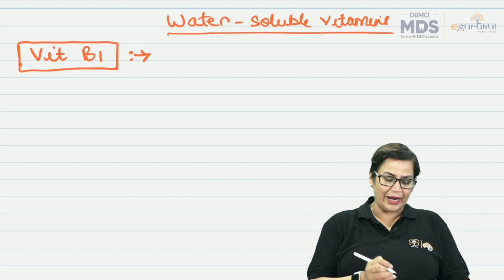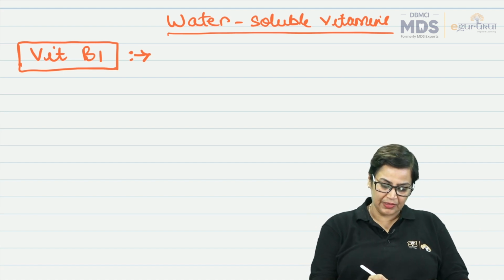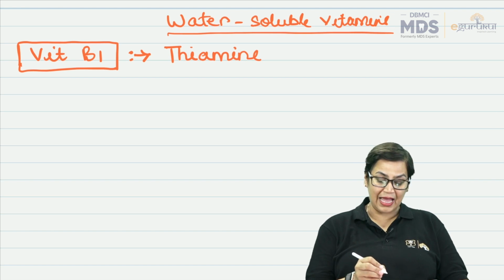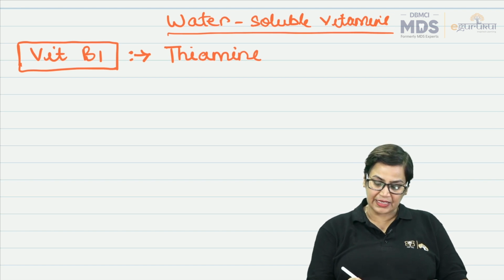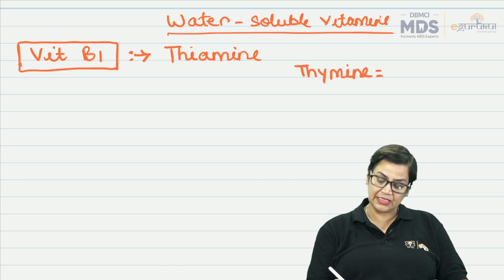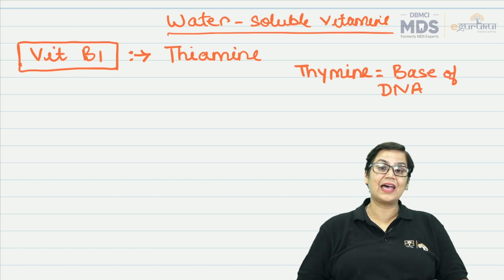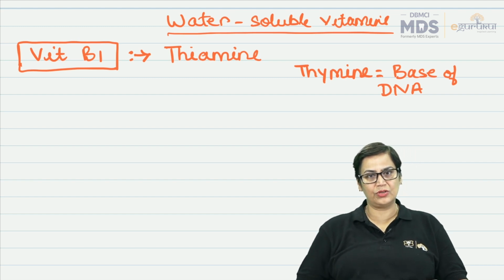Clear? So vitamin B1 is also known as thiamine, and don't confuse it with thymine. Thiamine is B1, whereas thymine is the base of DNA. So the spelling is different, and the pronunciation is also different.